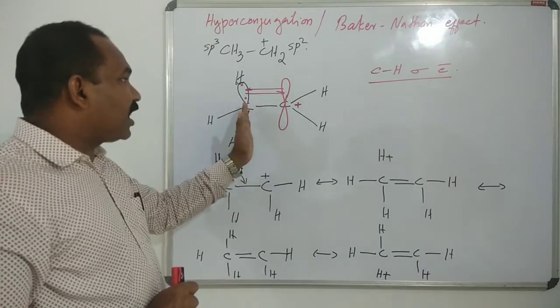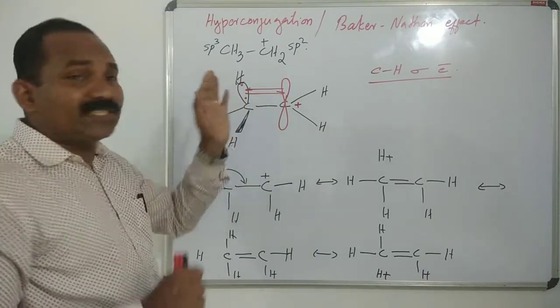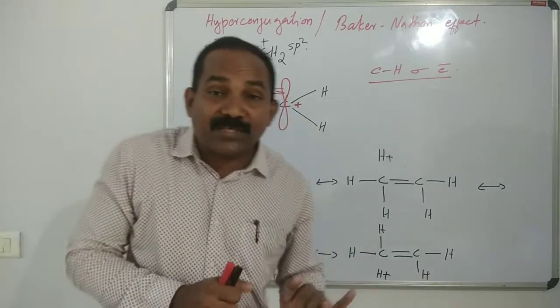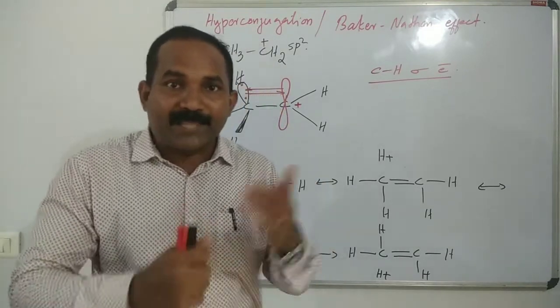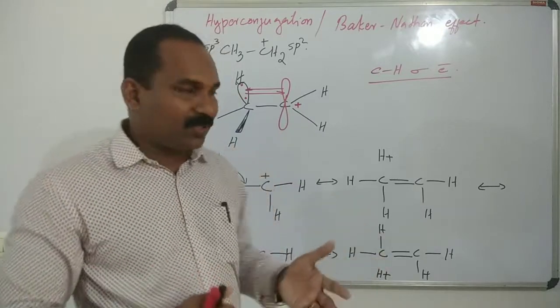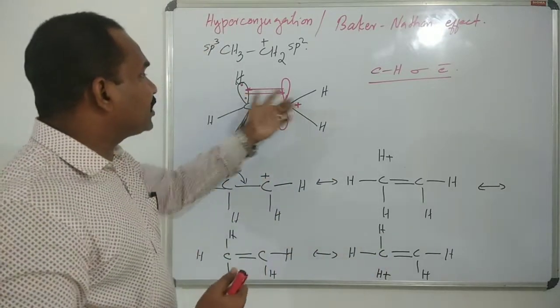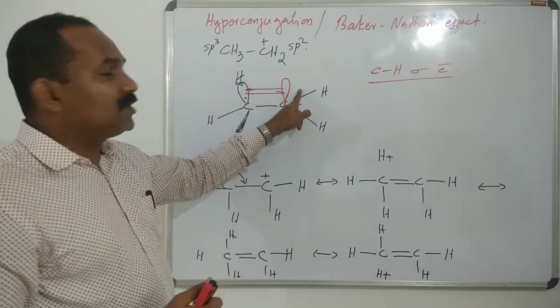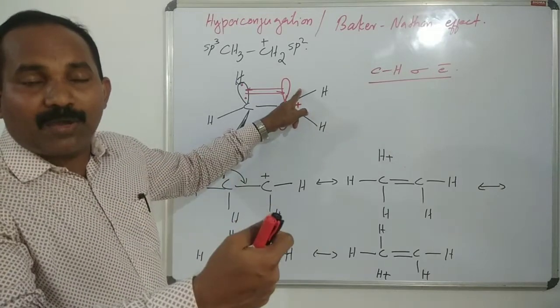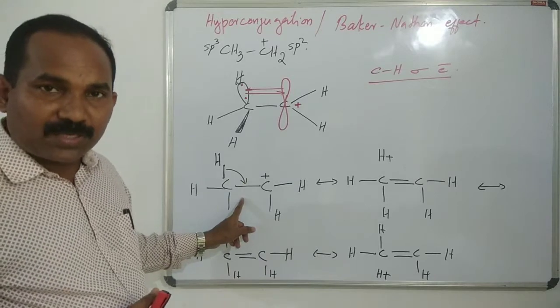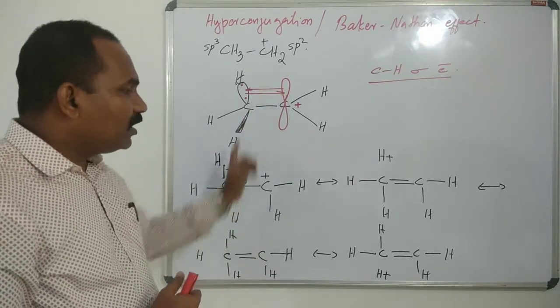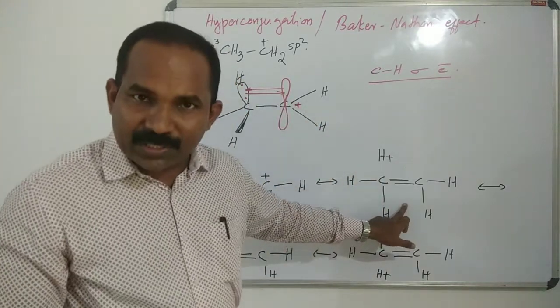The adjacent carbon atom's CH sigma electron enters into delocalization, and that delocalization is known as hyperconjugation, by sharing the electron to the p orbital of the adjacent carbon atom. One structure we obtain: this is one hyperconjugative structure.